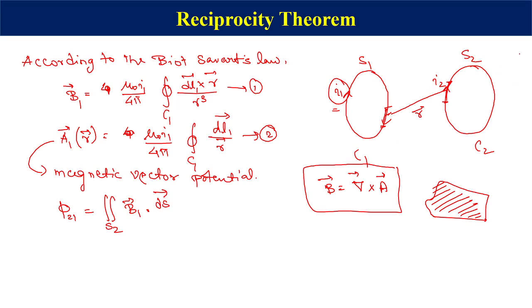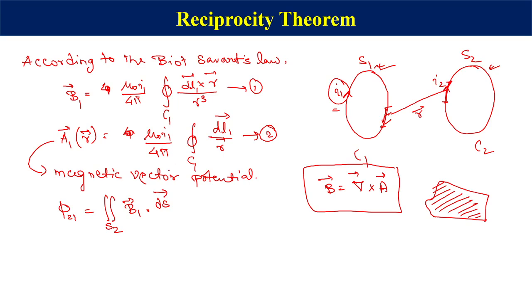So S2 is the surface of the coil C2, and S1 is the surface of the coil C1. If I take the dot product of the magnetic field B1 due to the coil C1 with the surface S2 and integrate over the surface S2, I get the flux through S2 because of the magnetic field produced by the coil C1.